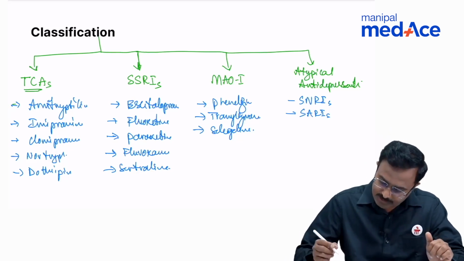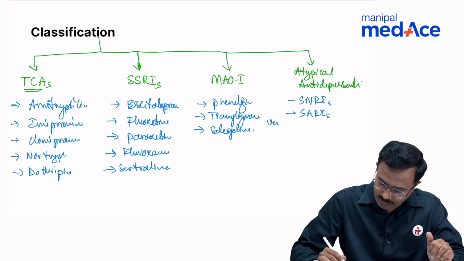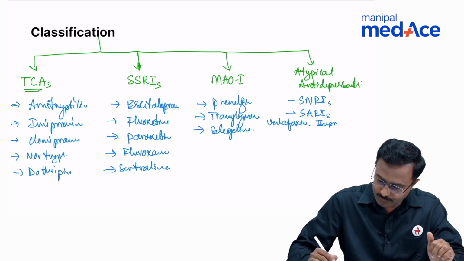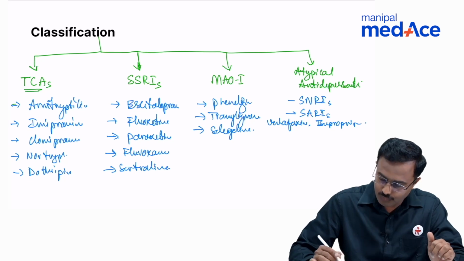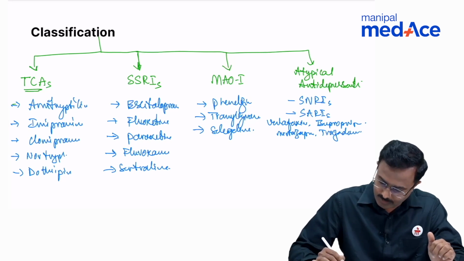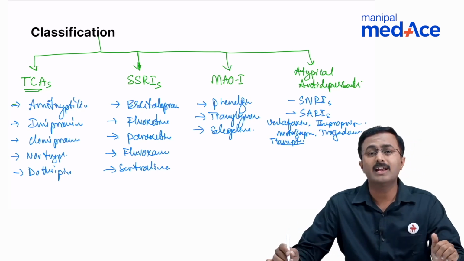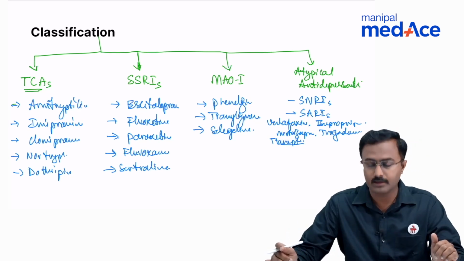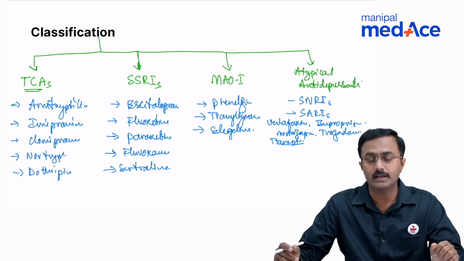A few examples here are venlafaxine, bupropion, you have mirtazapine, trazodone, you have tianeptine. So these are the atypical antidepressants of clinical use.